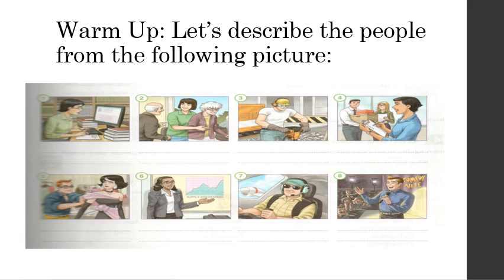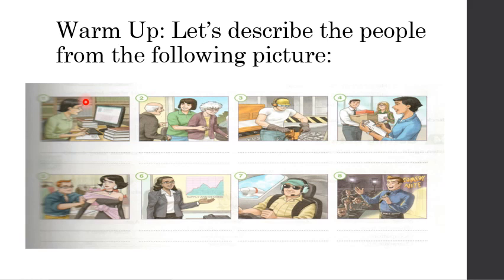Okay, so if I am going to ask you, students, what do you think are their character? Starting from number 1. Okay, let's analyze what is the character of this woman. You can think of any adjective that can describe the person or the picture given.